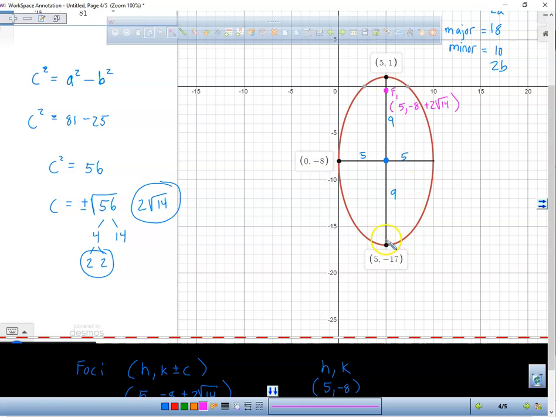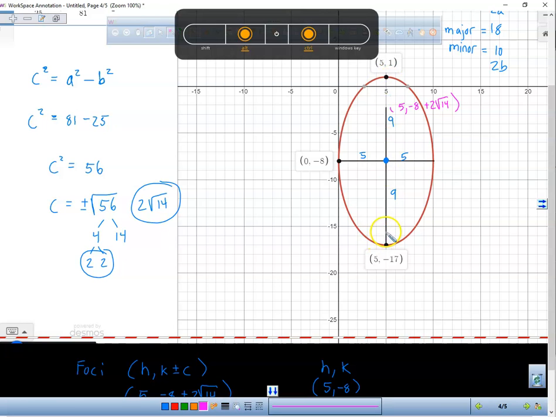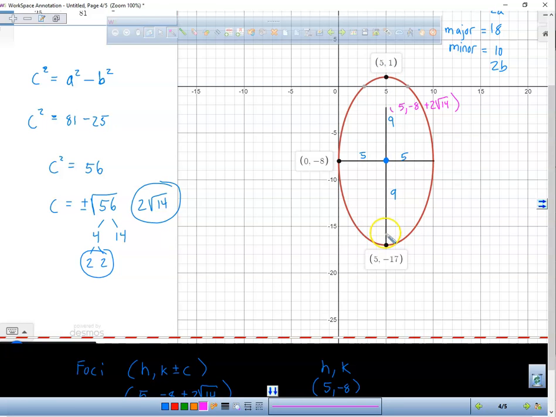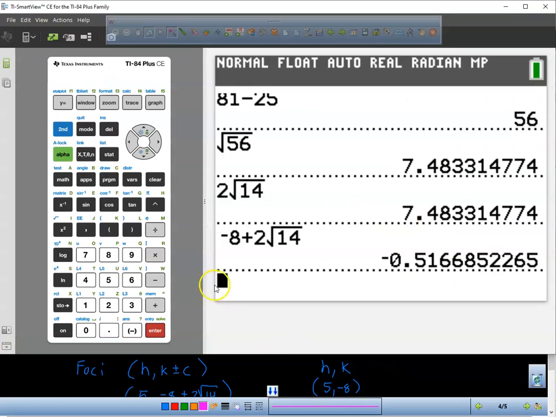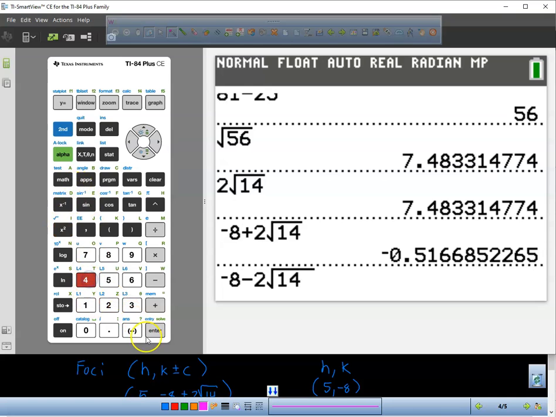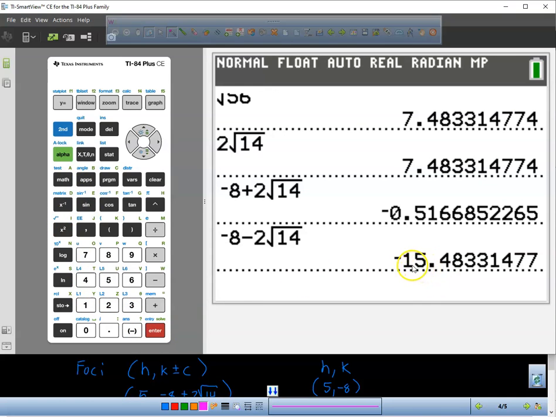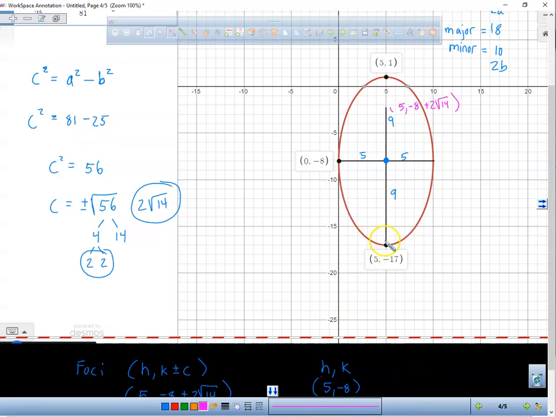That's one of the foci. The other one you can kind of count, right? That goes right here. The other one's going to be right about there. So how do we find the other one? You can just do -8 minus 2 radical 14, which puts us downward, basically -15.5. So -15.5 is right about there.